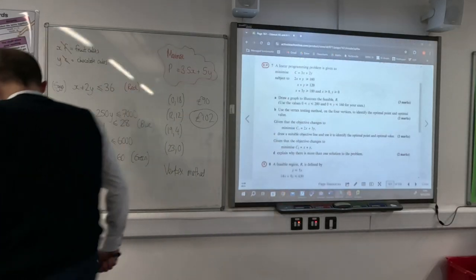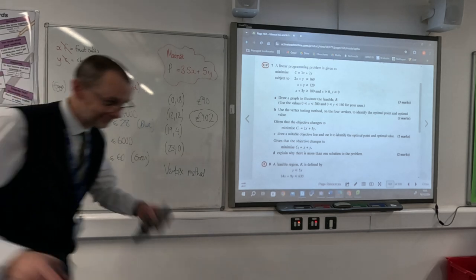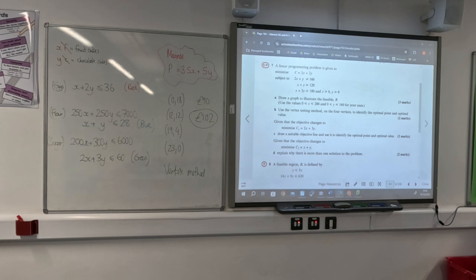So perhaps 10 centimetre lines maybe? Does anyone want to borrow a ruler? So if you do 10 centimetre lines, then each square is 10. And of course, you could do this on your calculator as well.